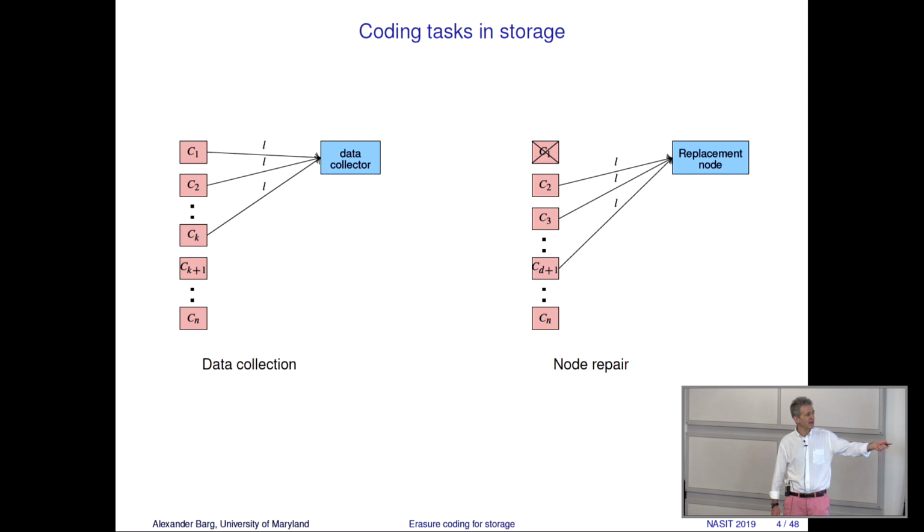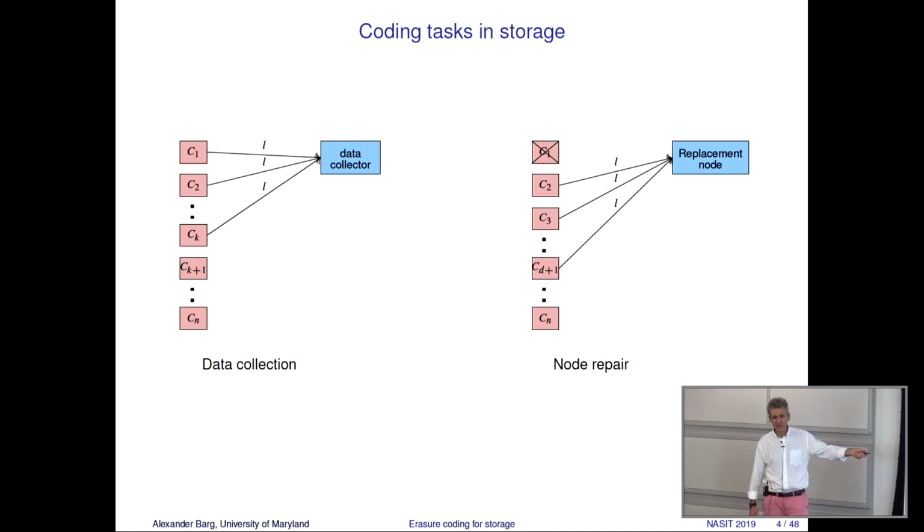And there is a repair center that connects to, the notation will be d, the number of helper nodes now. So d is not the distance anymore. The distance does not play a role in these questions. I'm sorry for this change of notation. That is a psychological effort to make. But d will be the number of helper nodes. All right? And they transmit the information to the repair center that creates a replacement node.